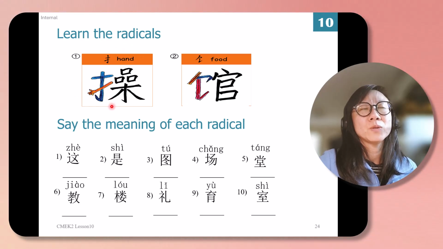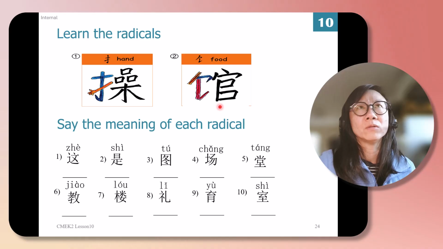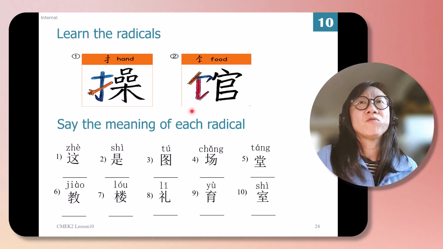Because when you are doing exercise or when you are doing sports, you need to use your hand to carry any devices, to do some exercises. And then 管 by itself, the whole character means the cultural area. But on the left-hand side, there is a food radical.